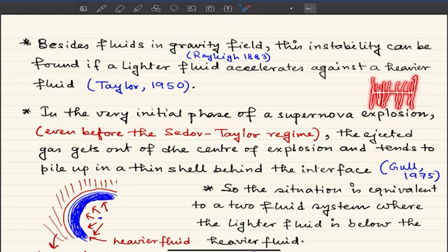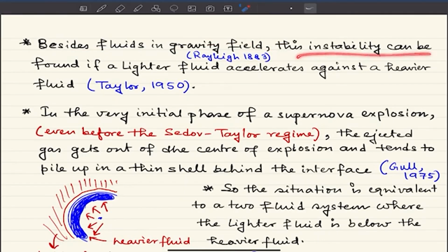So it penetrates the other fluid gradually, so that finally it goes down and ends up below the lighter fluid. Of course this is a very interesting case for fluids in a gravity field, which was observed by Rayleigh in the year 1883.